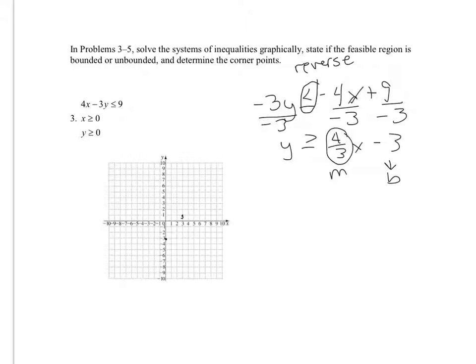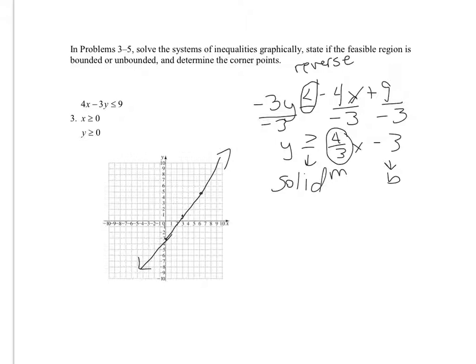I can count that again. Up 1, 2, 3, 4, right 1, 2, 3. And now I'm at the ordered pair 6, 5. And again, because of the or equal to, that means this will be a solid line. So I'm going to sketch that in.